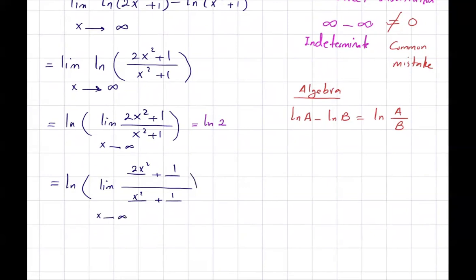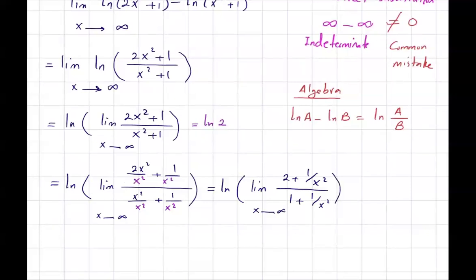Let's close up the parenthesis. So this is the ln of the limit of 2 plus 1 over x squared divided by 1 plus 1 over x squared as x goes to infinity.